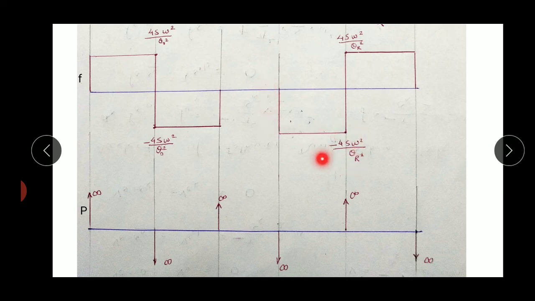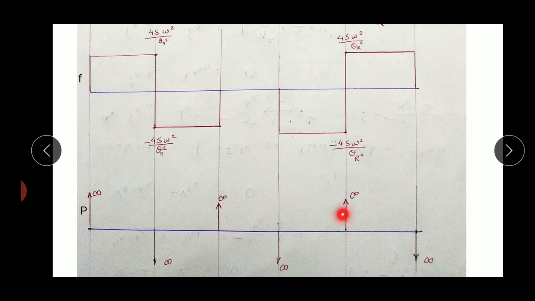Similarly, at the middle of the return stroke we have negative constant acceleration to positive constant acceleration within no time, so it is represented by a vertical line over here. As it is represented by a vertical line, the slope of a vertical line is infinity and the slope of the acceleration graph is jerk, that's why we have to represent it by an infinite arrow in the upward direction, as it is from a negative value to a positive value.